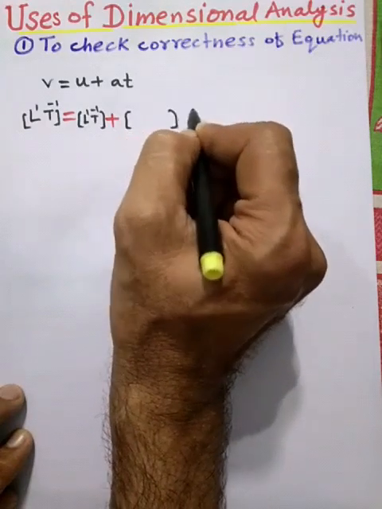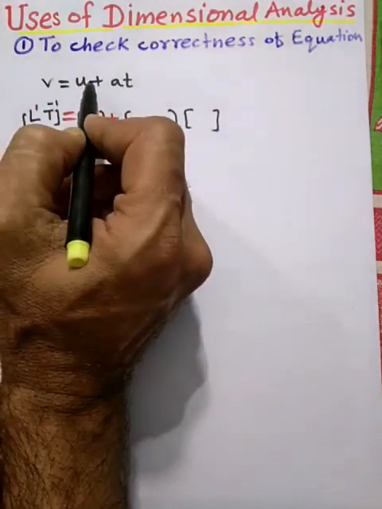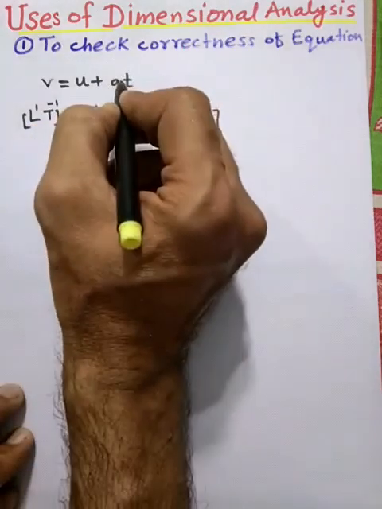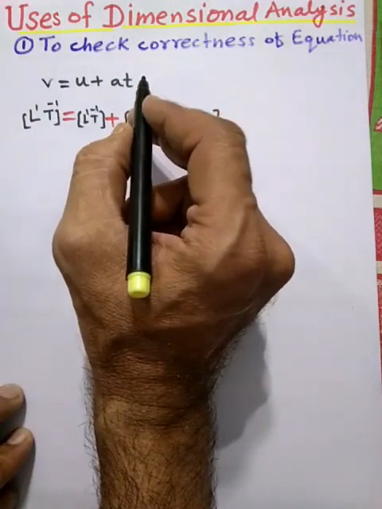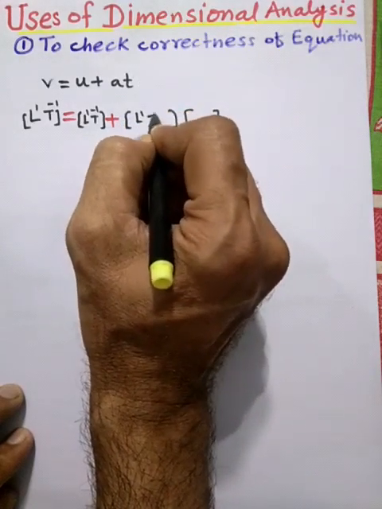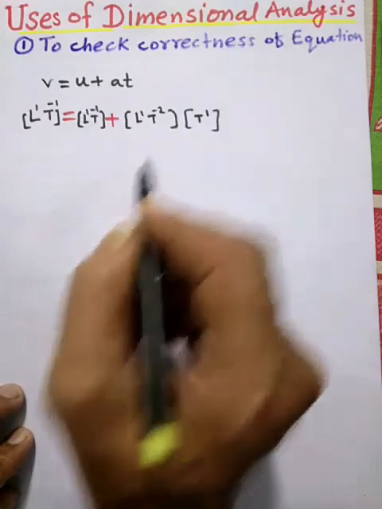Dimension of acceleration into dimension of time. Here v is velocity, u is initial velocity, a is the acceleration, t is the time. Dimension of acceleration, meter per second square, is L1 T minus 2. Dimension of time is T1 only.